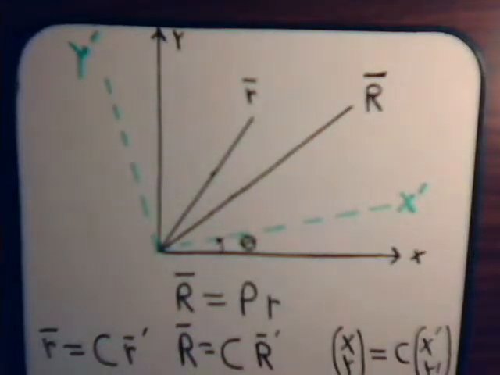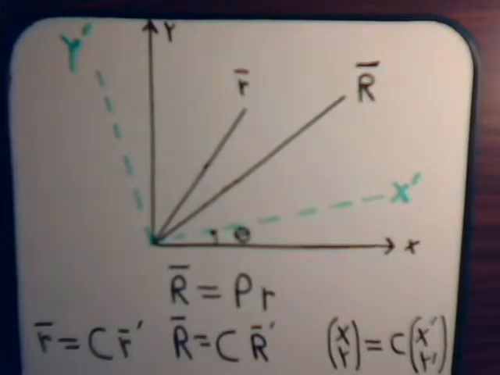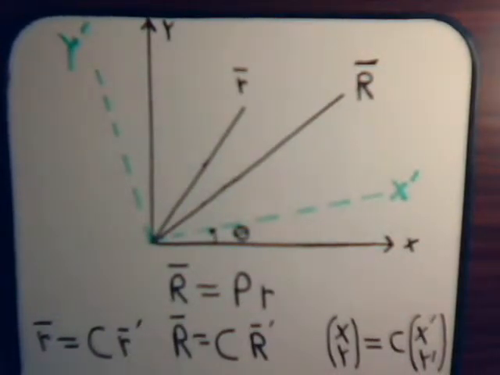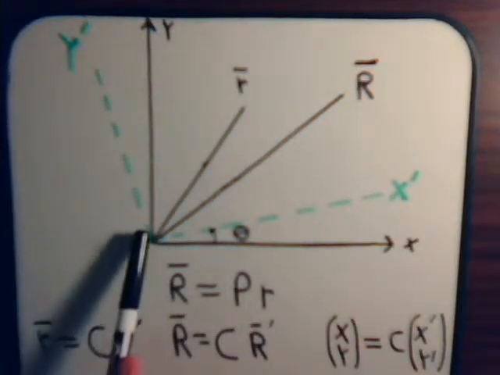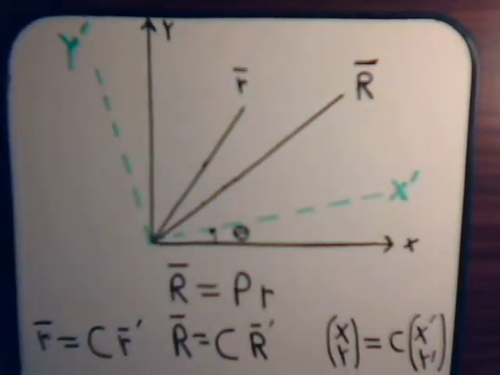Now, what we're going to do here is exactly the same as what we just did in video number 33, except here, in this particular case, the primed axes are perpendicular to one another. So we can think of the primed axes as just the xy coordinate axes being tilted.